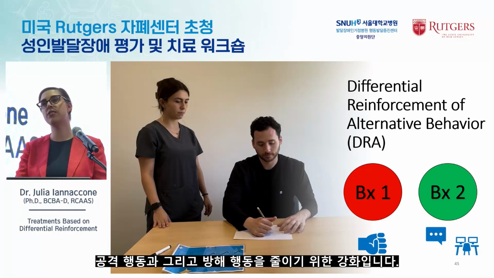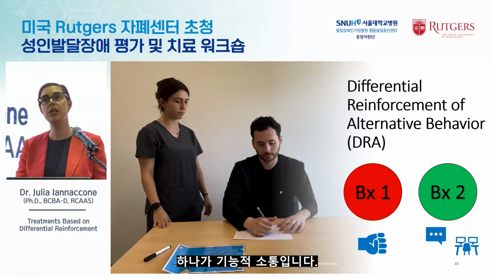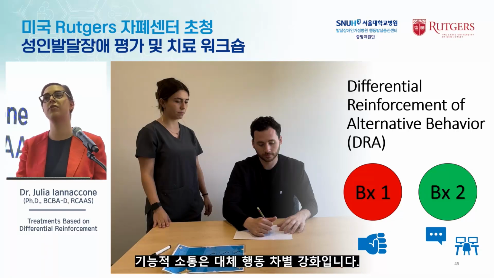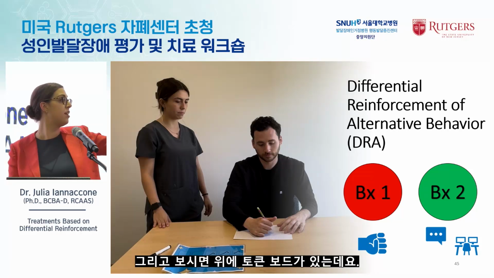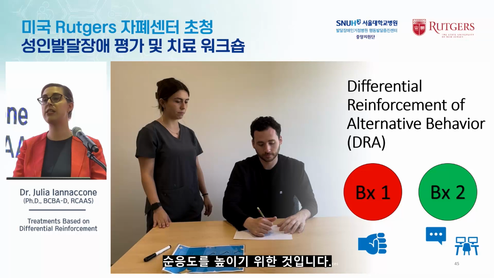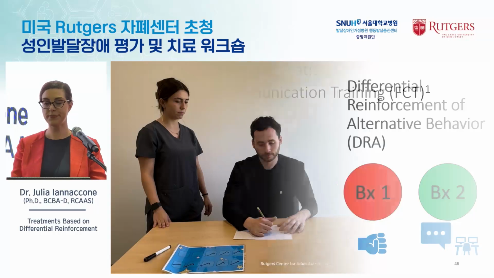He has two components that use differential reinforcement. One is functional communication, a form of differential reinforcement of alternative behavior. He also has a token board, which you can see right there, for increasing compliance. We're going to talk about both of them, but first start with functional communication.